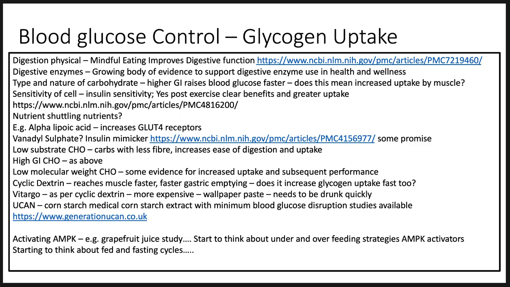So we delve a little bit deeper, and we sort of pull apart some of the elements of how we can influence food availability. We can see that if we eat in a relaxed manner, mindful eating, we're going to be in a better state of performance.